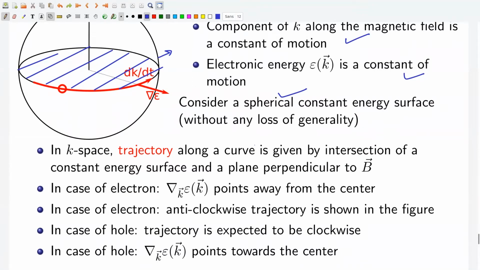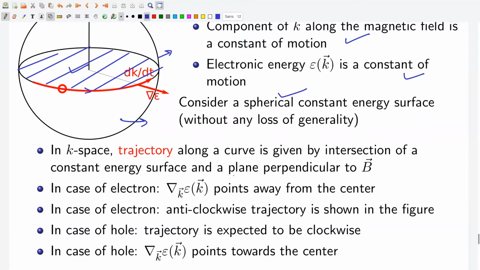Thus, in K space, trajectory along a curve is given by the intersection of a constant energy surface, which is spherical in this case, and a plane perpendicular to B, which is marked by blue lines in this diagram. The trajectory of electron is along the red curve.